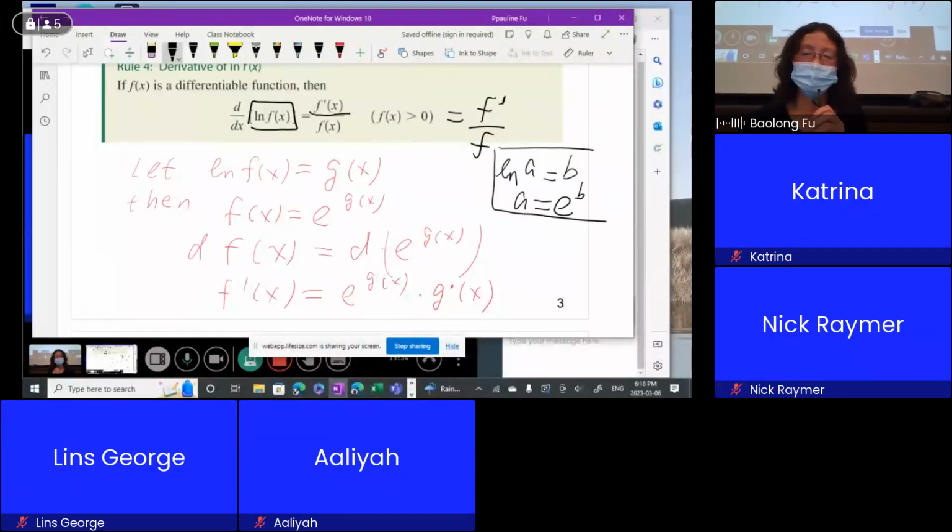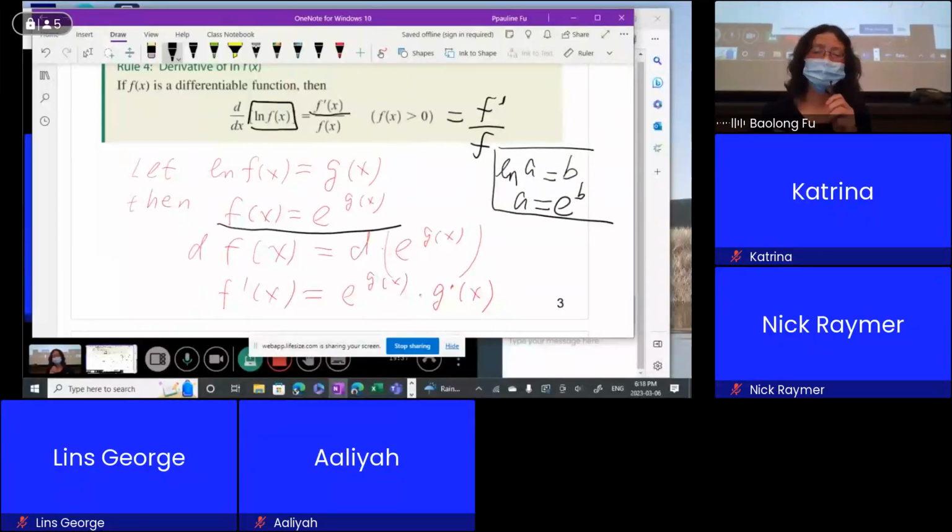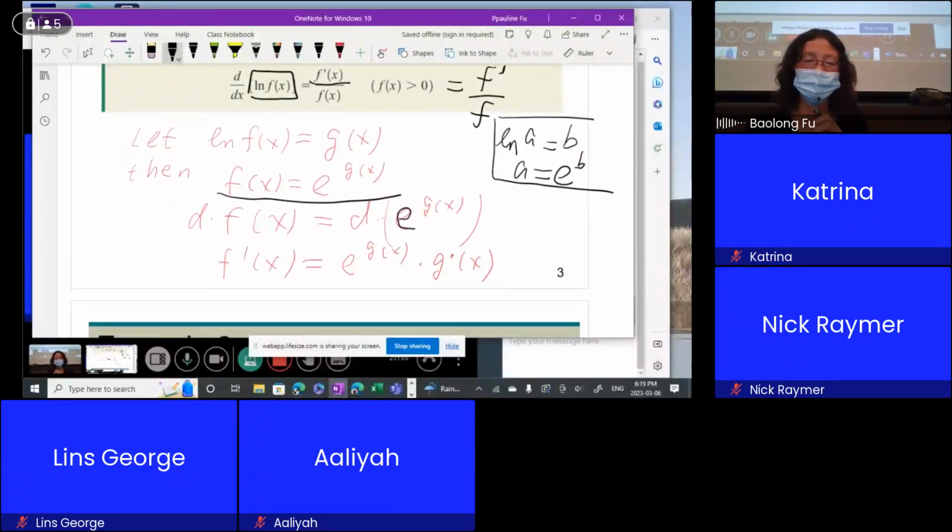Then take the derivative of both sides. Left-hand side df, right-hand side you use the exponential derivative and the chain rule from last week.